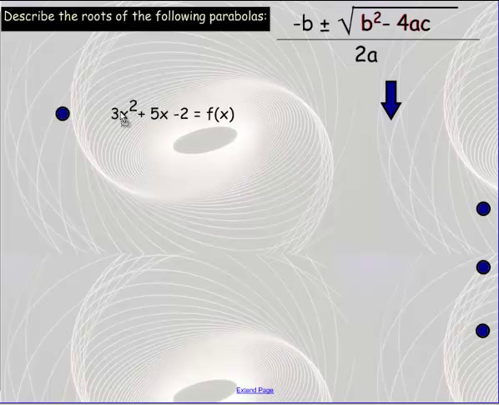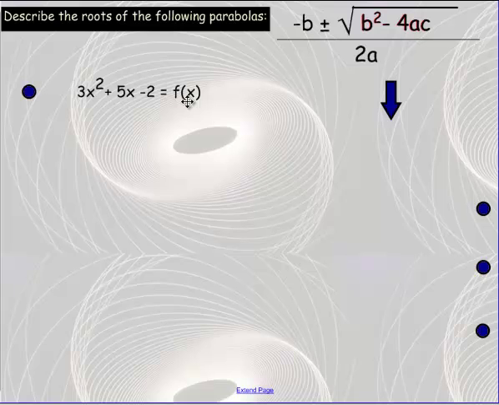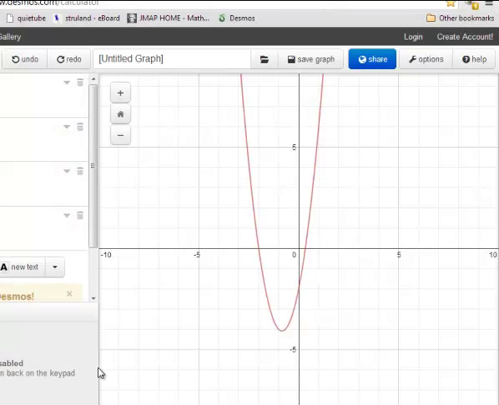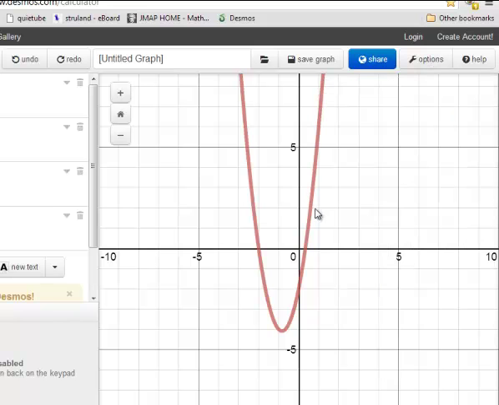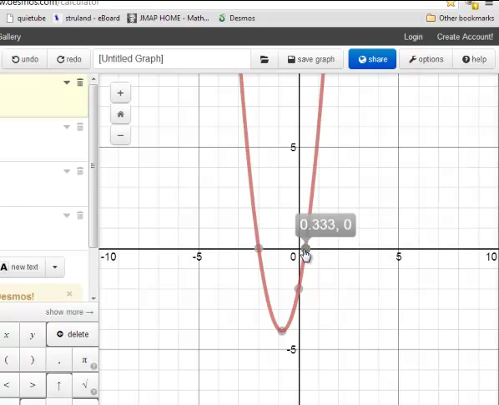All right, so let's look at some of these. Here's my first equation I want to look at. If I look at that, I can graph that on a graphing calculator. Here it is graphed. Let's put this on projector mode so you can see it a little better. And it crosses at 0.3333, which is 1/3, and -2, 0.